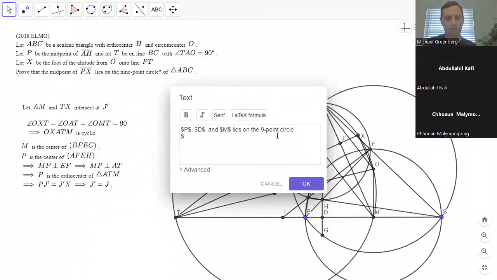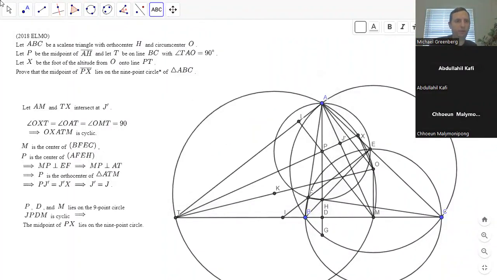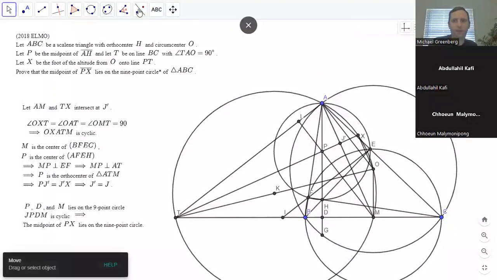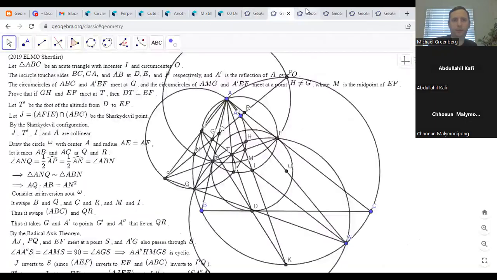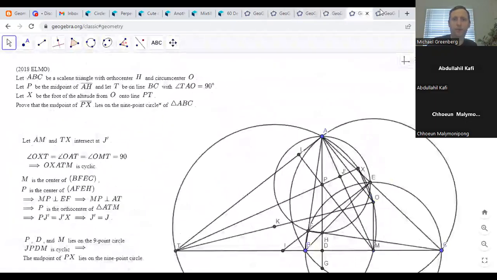And then since JPDM is cyclic, X lies on the 9-point circle. All right. I think that should be everything. So a little easier than I expected. I did not expect that we would solve all these problems.